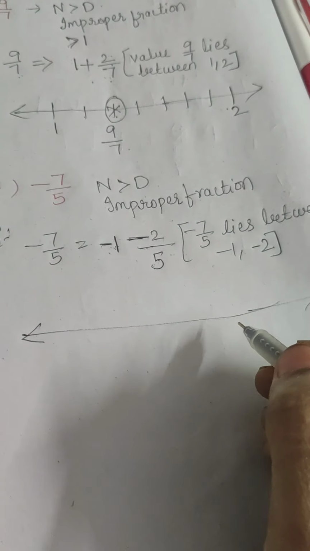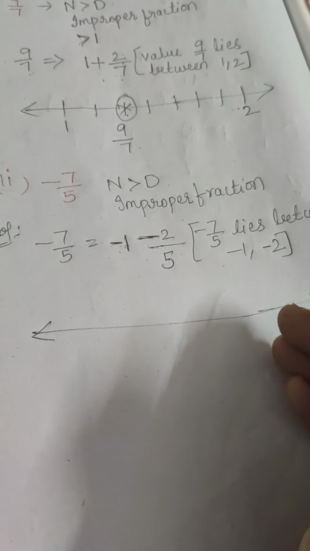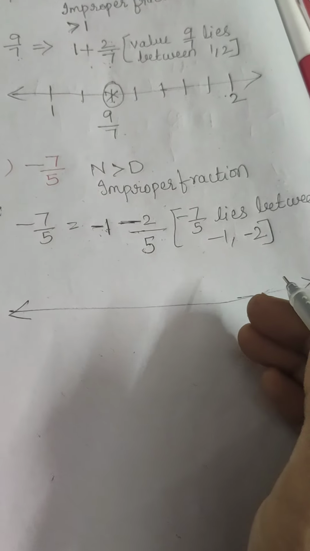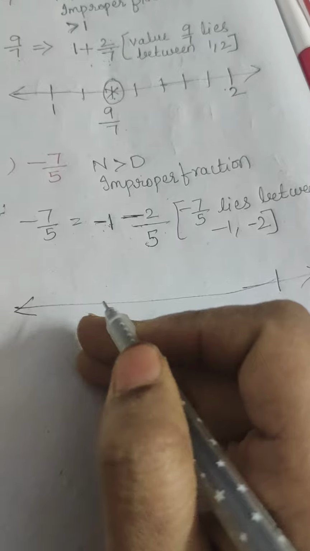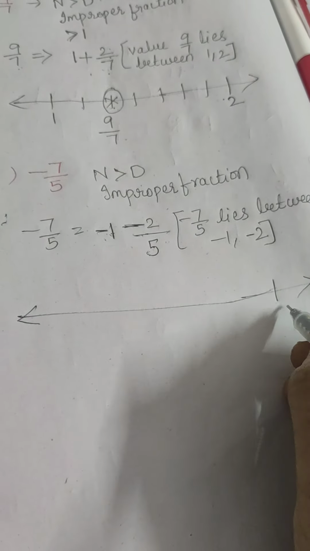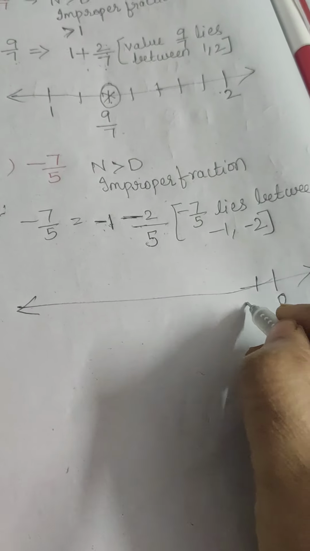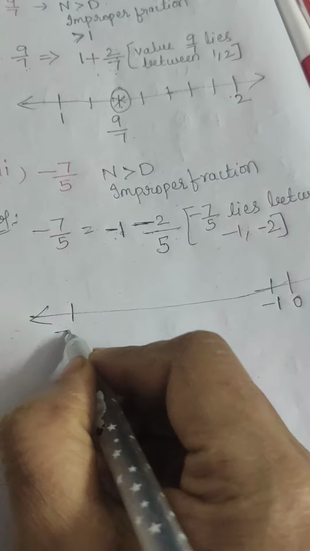Children, where do negative values lie, to the left side of 0 or the right side? Yes, negative values lie to the left side of 0. So if 0 is here, then minus 1 comes to the left side, and now we take minus 2 here.